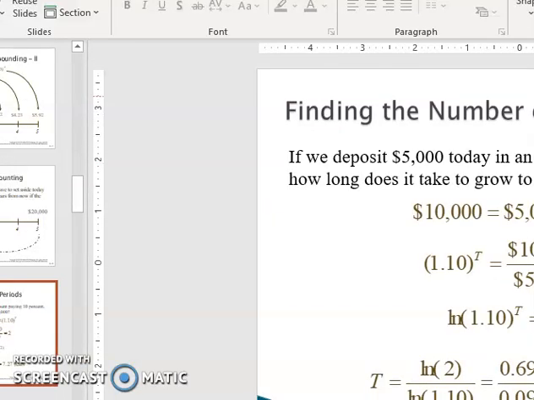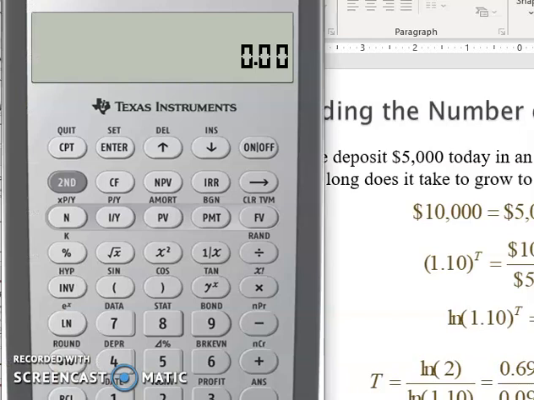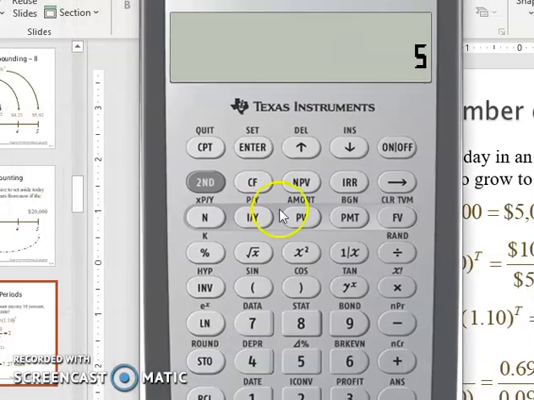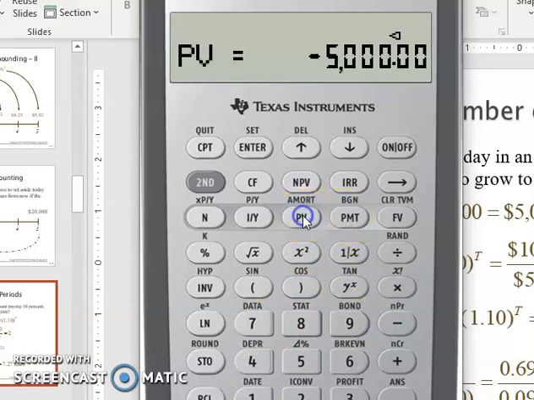All right, so we've got a $5,000 investment. $5,000, that's our present value.